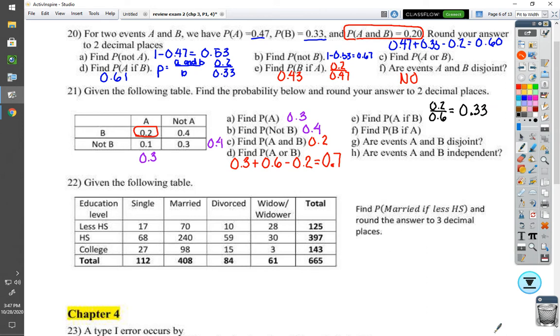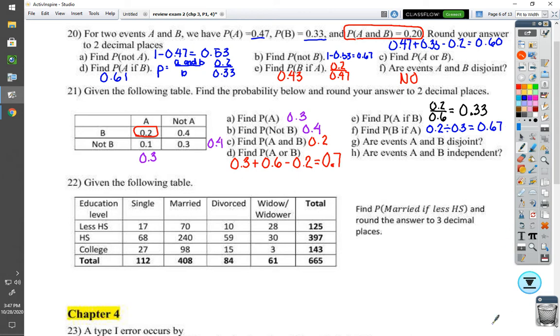If I turn that around, it's still 0.2 for the numerator, but now it's being divided by the probability of A, which was 0.3, and this is 0.67 actually, because it's 0.6666, or 0.67.